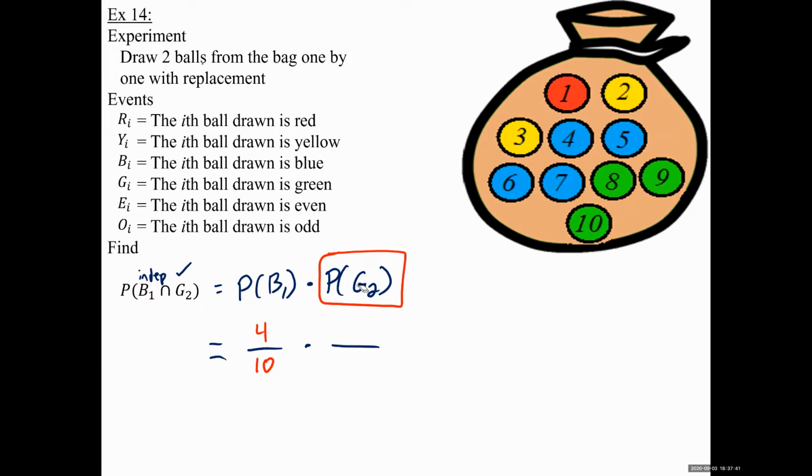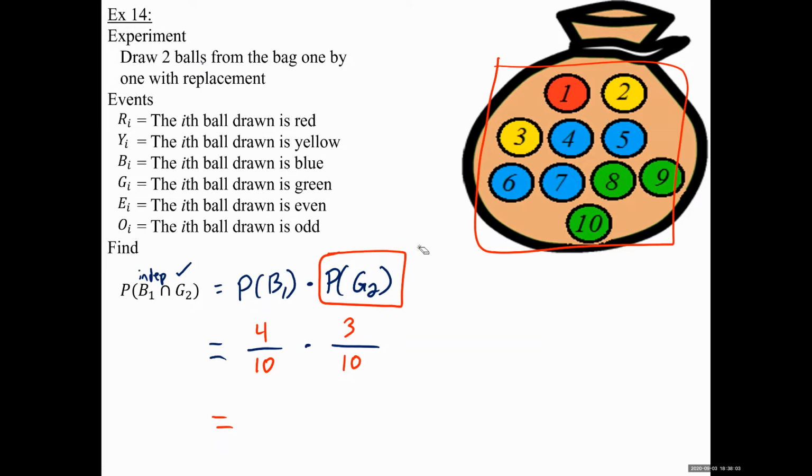What does the bag look like? Looks exactly the same because I put the ball back. Whatever ball I drew out first, I put it back. And now I want to know the probability when I draw from this bag, I get a green on the second draw. What's the answer? 3 out of 10. 3/10, yeah.